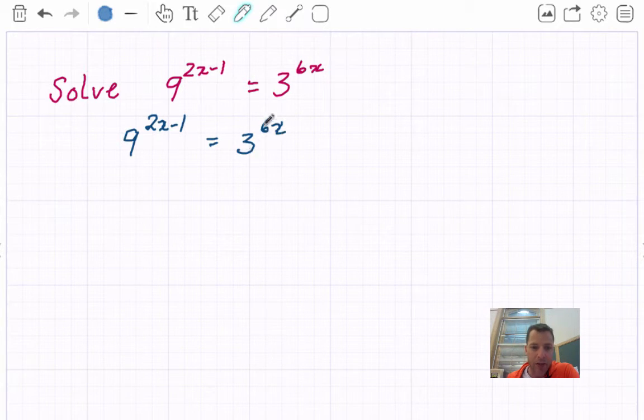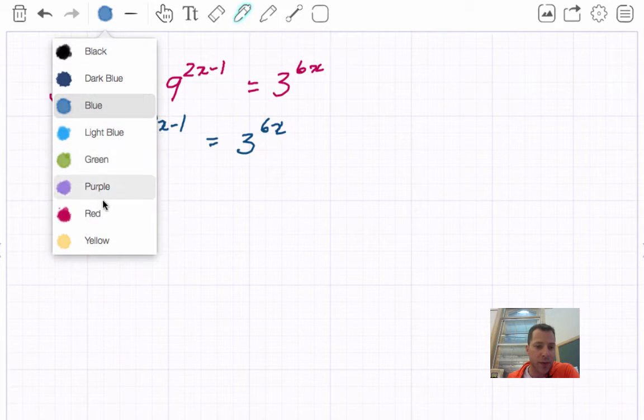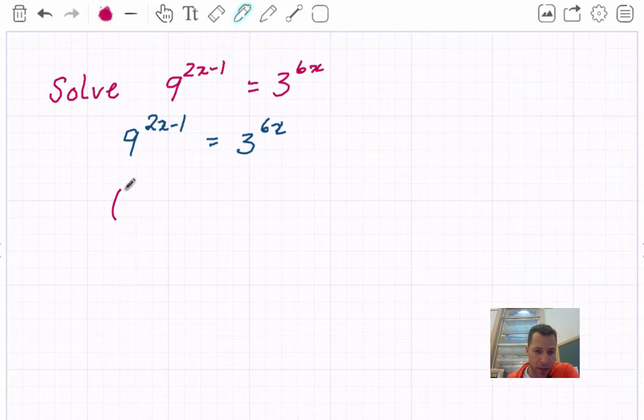Now I can't break 3 down anymore, but I know 9 is a perfect square. So I'm going to rewrite this base as 3 squared. That's what 9 is. And the exponent is going to stay the same, 2x minus 1. And my 3 to the 6x is going to stay the same.